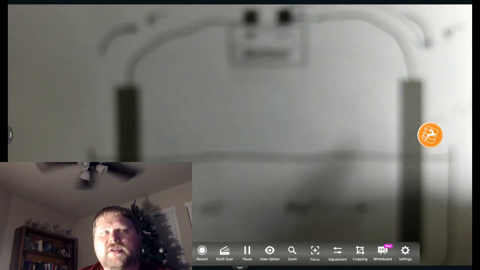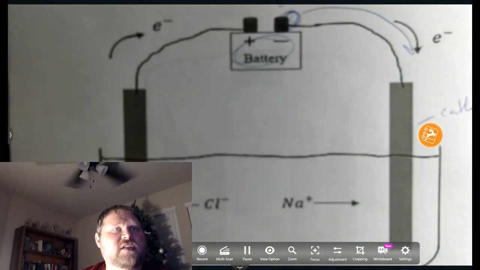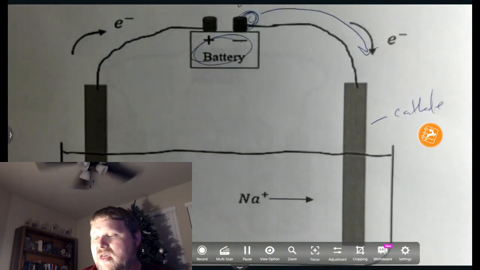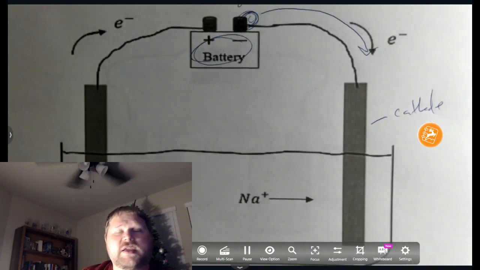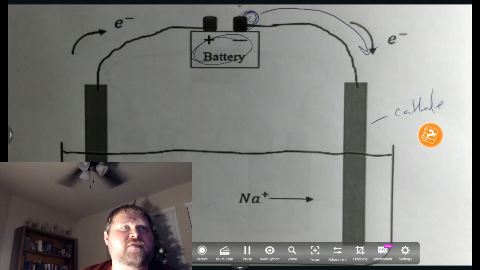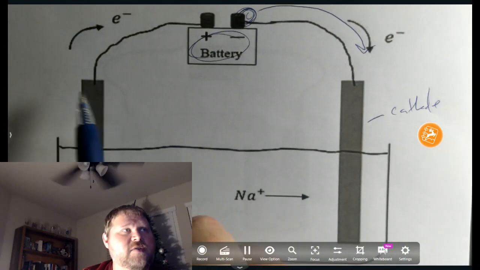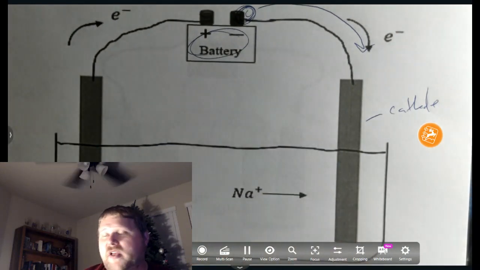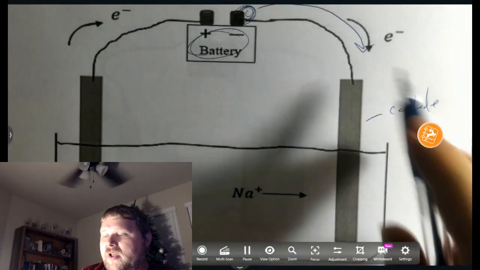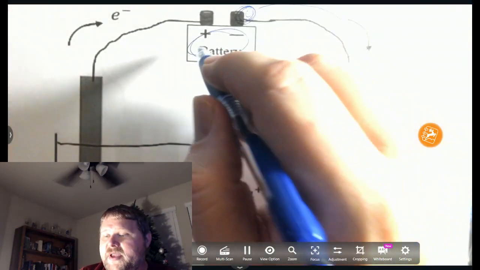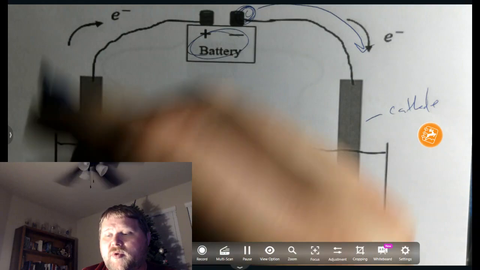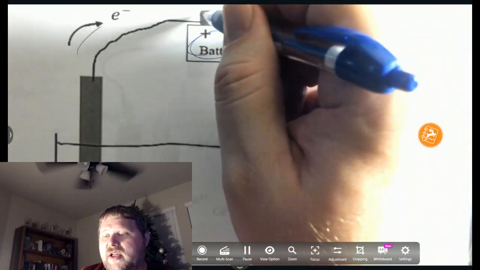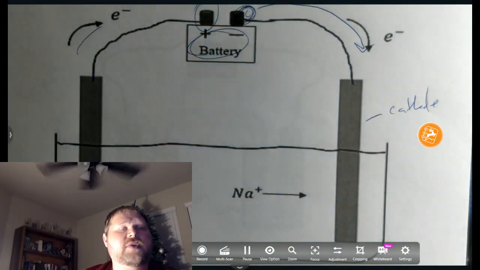And really nothing changes in the way we set this cell up. What used to be the cathode is still the cathode. It's just that we have to bring electrons in from the outside source because this anode doesn't have the punch to send electrons over. Alright, so electrons go to the cathode, which means that the anode of our chemical reaction has to supply electrons to the battery to replace what it uses.